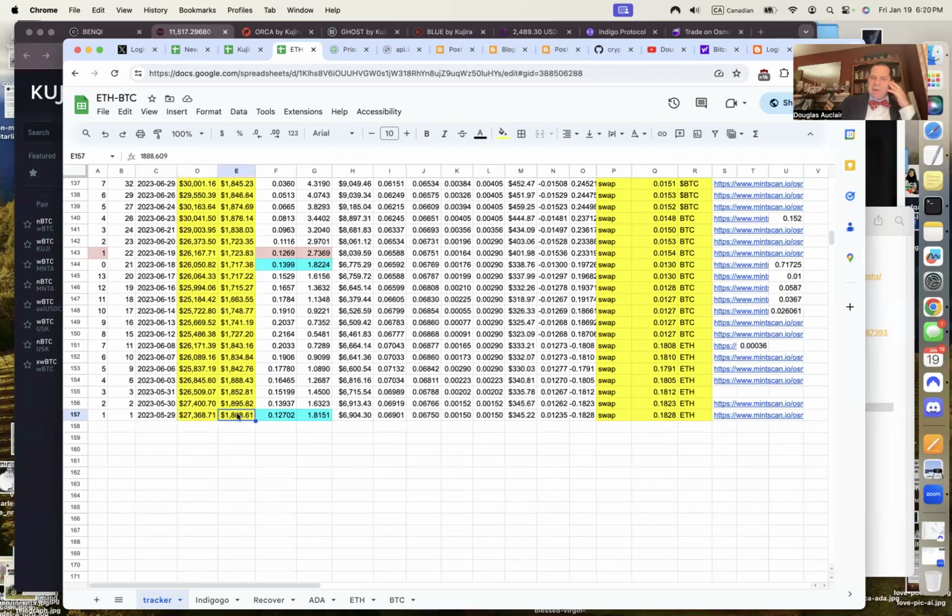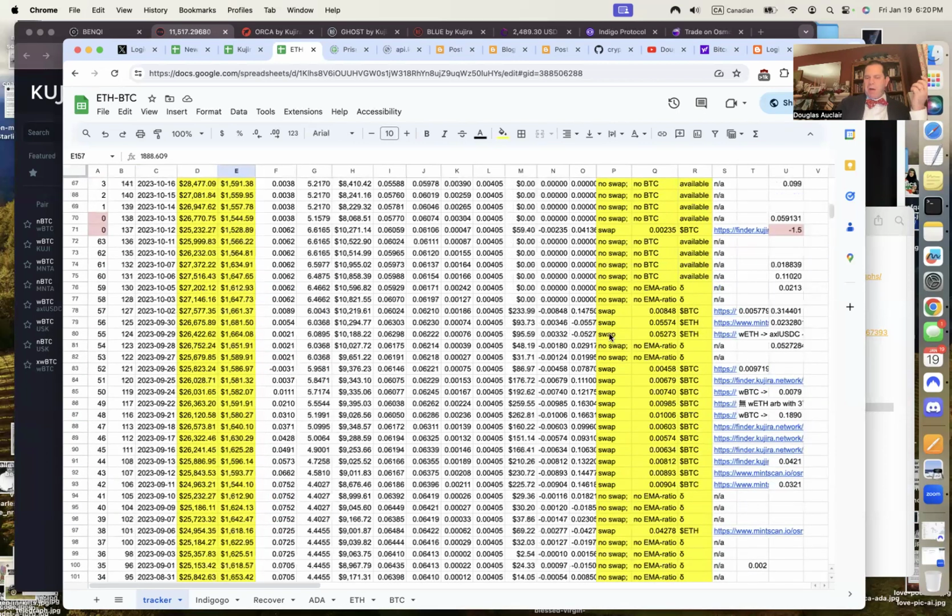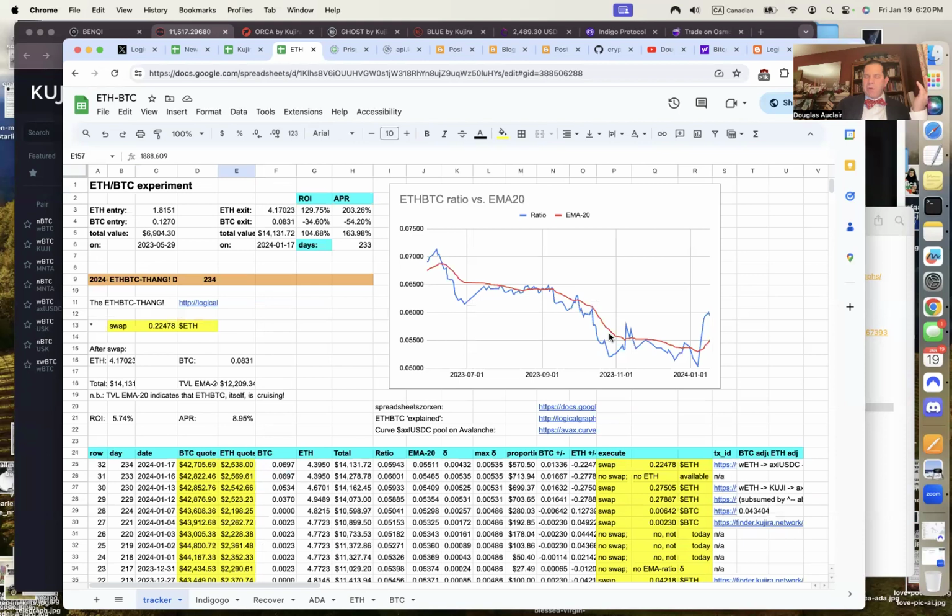Ethereum was $1,800. I remember when Ethereum was $1,200. I bought Ethereum when it was $1,200. This ratio doesn't care that those tokens were those values. And it doesn't care that Bitcoin is now worth $42,000 and Ethereum is worth $2,500.